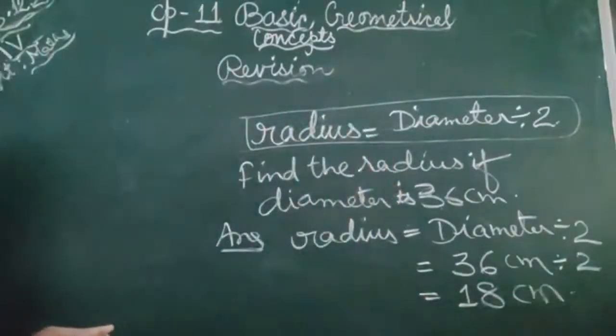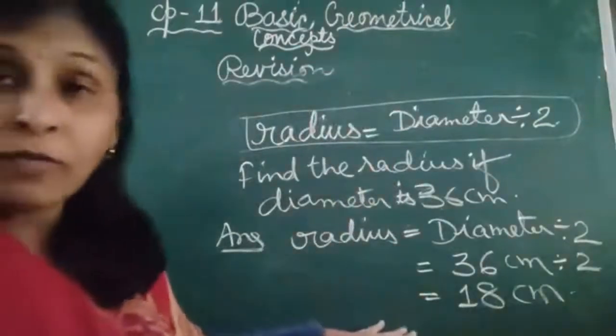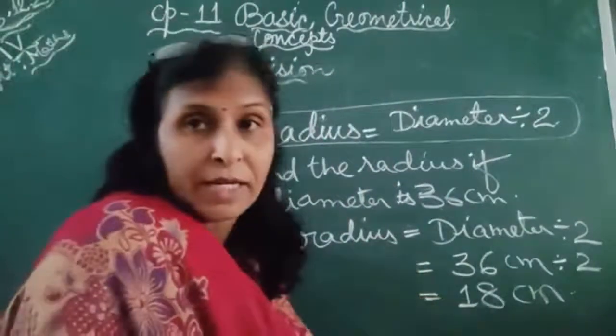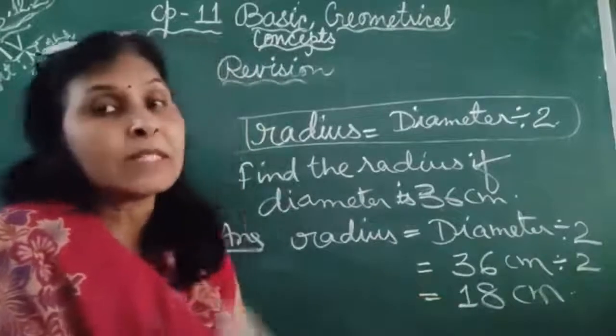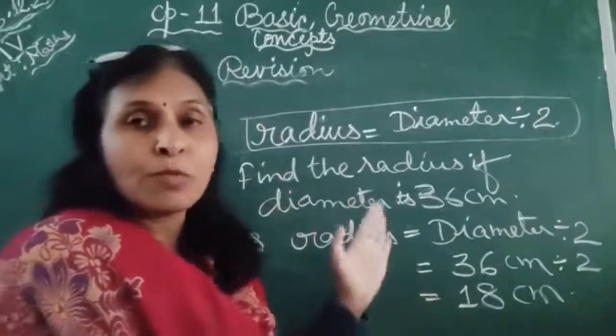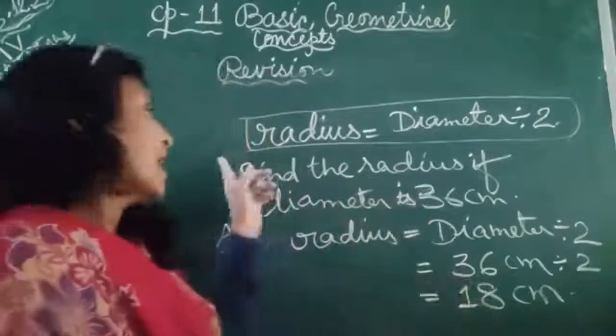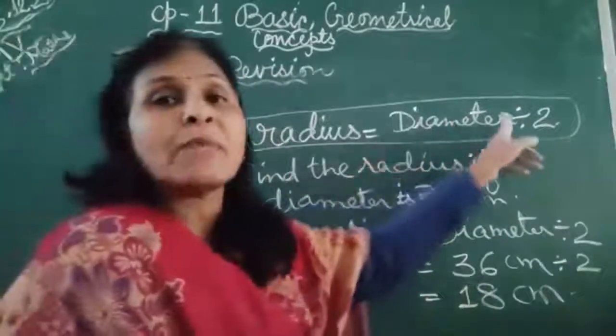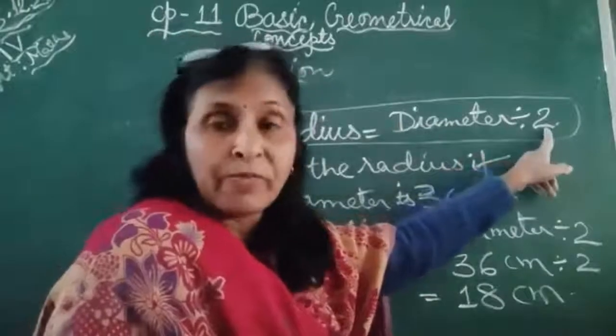In this way we can solve or find out the radius. So you should remember these 2 formula, that is diameter is equals to 2 multiplied by radius, and radius is equals to diameter divided by 2.